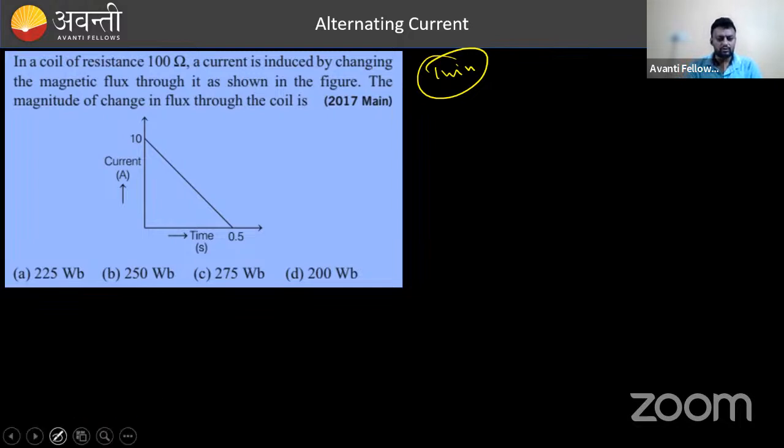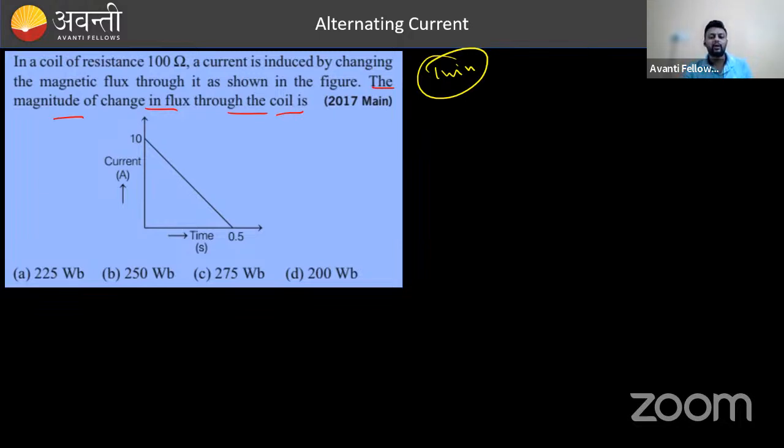If you look closely, the question is saying the magnitude of change in flux through the coil. Magnitude of change in flux through the coil. Can you see that this question is something from, I will say, the EMI part, because change in flux was calculated in that part only.